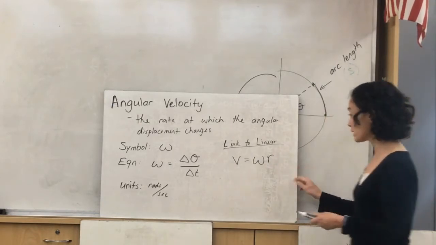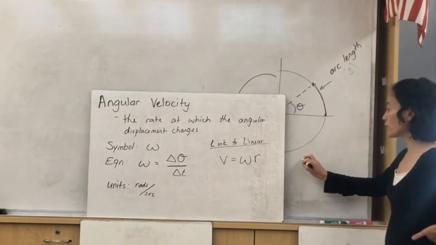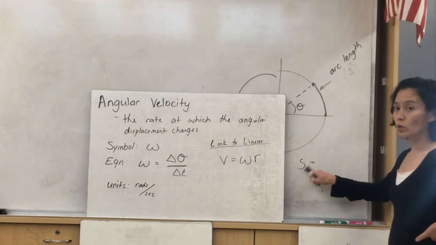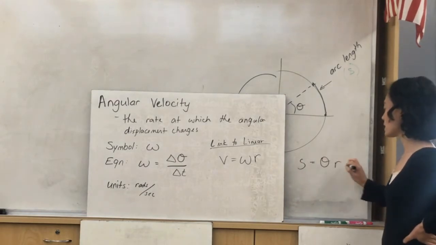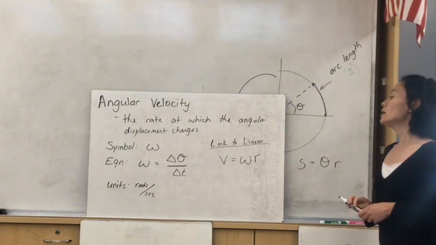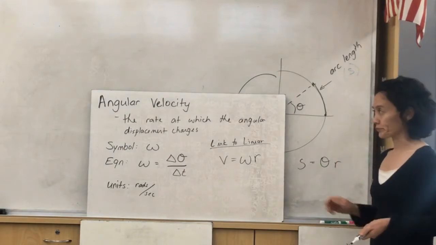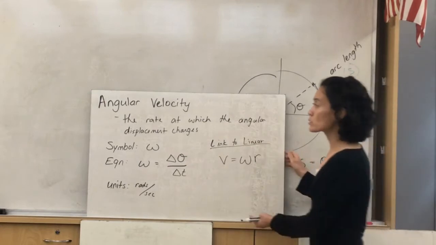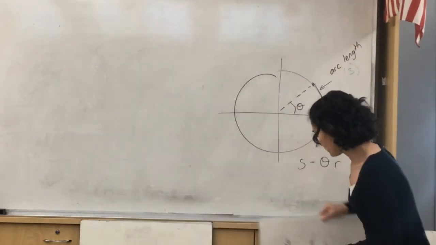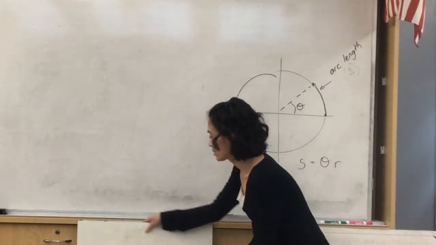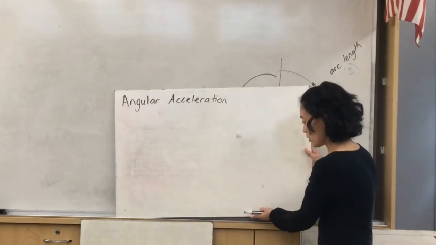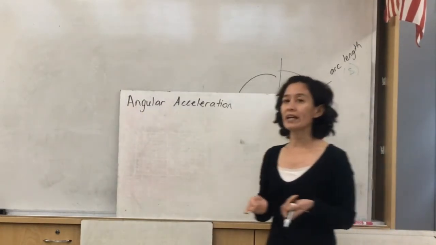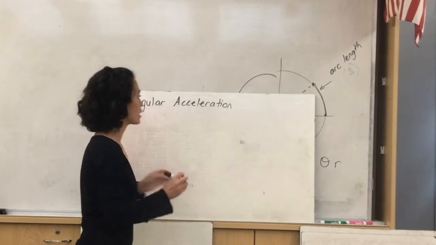Notice there is a similarity: for arc length, our linear quantity, it was equal to theta times r. That's going to be common. So that's angular velocity. Then the next one is angular acceleration. This is the rate at which the angular velocity of an object changes.